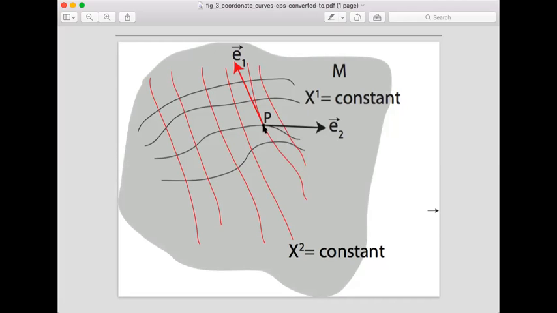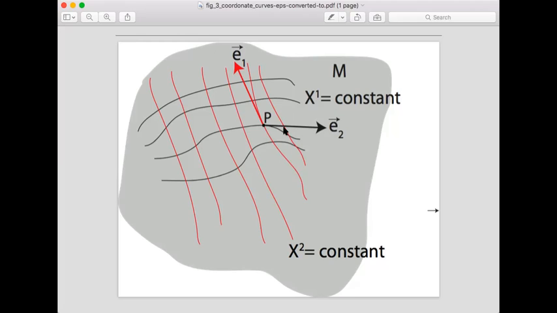I'm going to explain now the second basis vector. I'm going to hold the first coordinate constant, x1 at its value at the point P. And that defines this x2 coordinate curve that passes through P. And the tangent to that curve is a tangent vector.